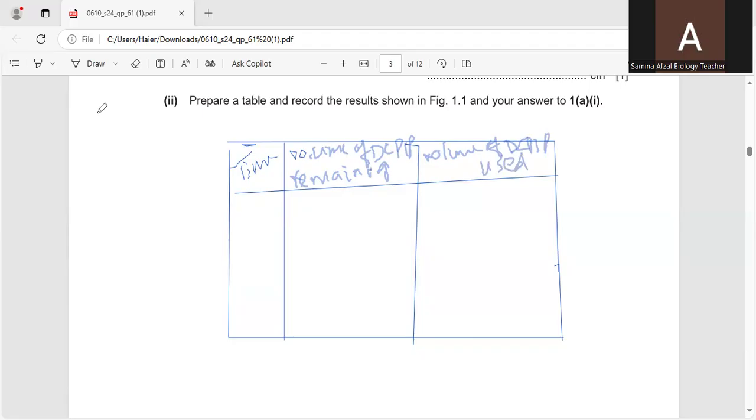So the time was about 5 minutes: 1, 2, 3, 4, 5. So in this way, we have to write all the values which were given in figure 1.1.